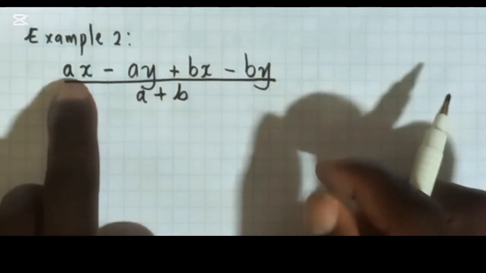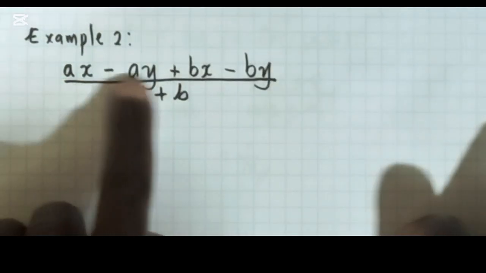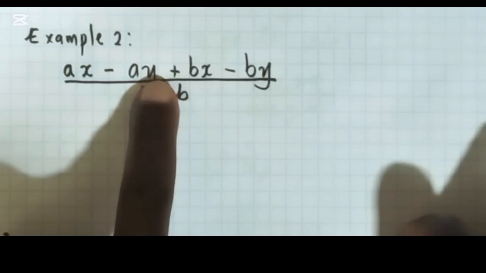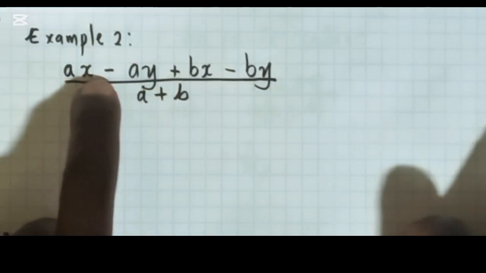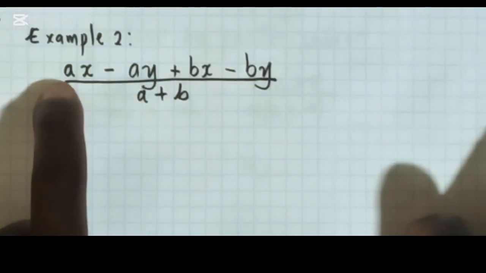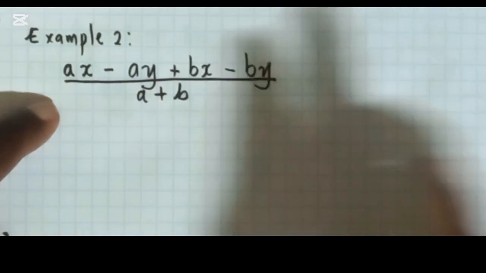So note ax minus ay will be our first pair. When you're looking at ax minus ay, a is common here and a is common here, so we can factor that a out.